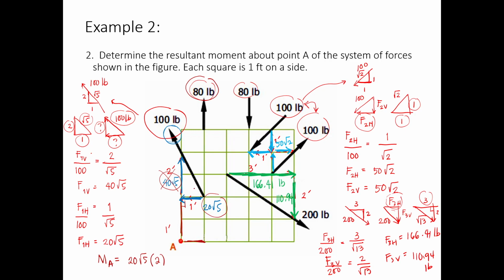Still a counterclockwise rotation, so this will be 80 times 1. Going to the 80 going down, that will be a clockwise rotation, so it will be negative. So that will be minus 80 times 3. 80 times 3, right? Going towards the second 80 force.